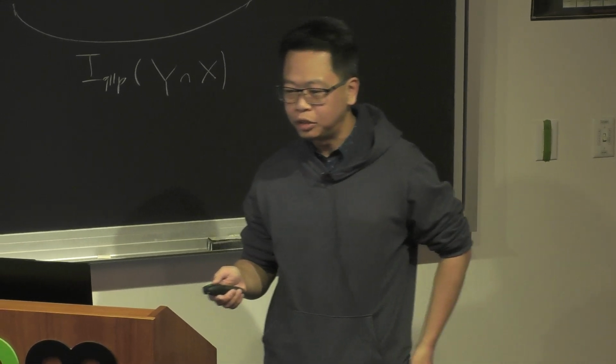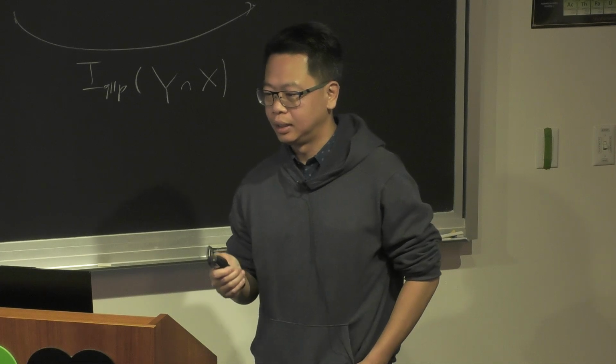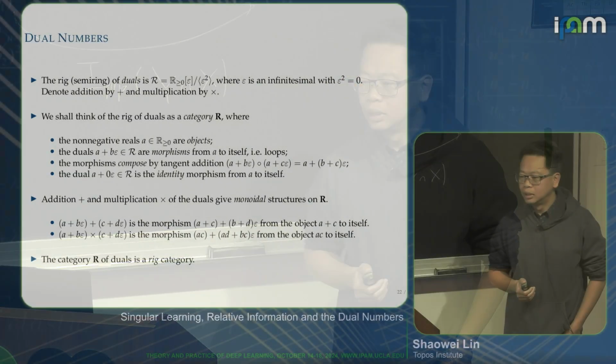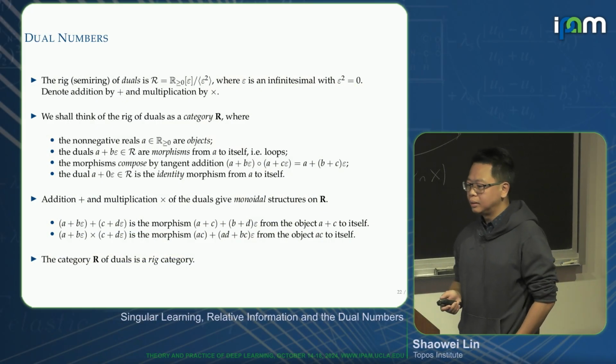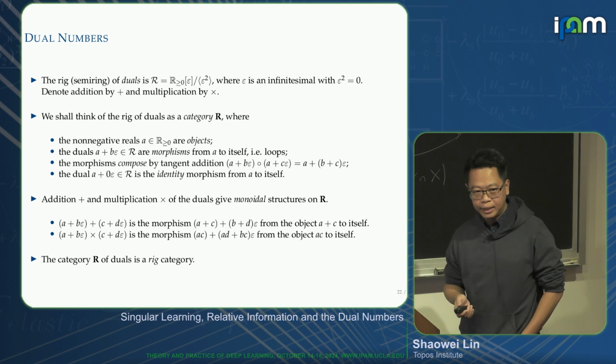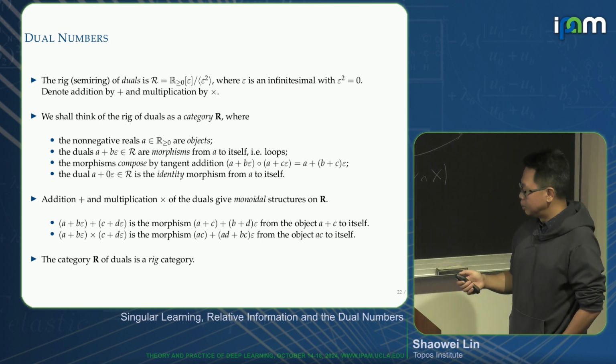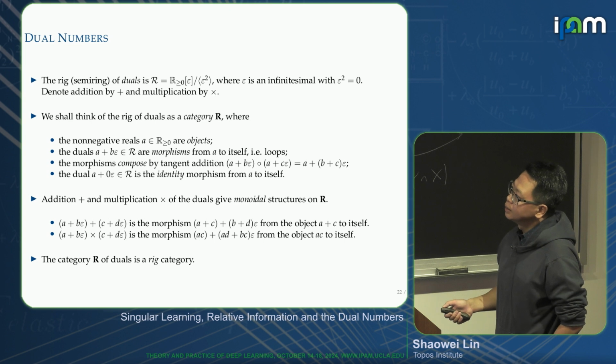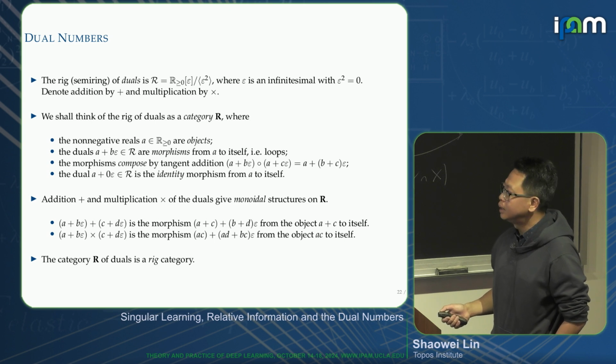To do that, we have to introduce the dual numbers. A dual number is a semi-ring or a rig where you take the non-negative reals, you append an arbitrary variable epsilon to it, and then you take the quotient over the ideal generated by epsilon squared.